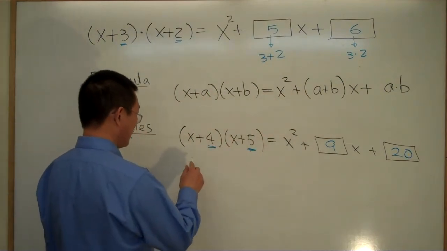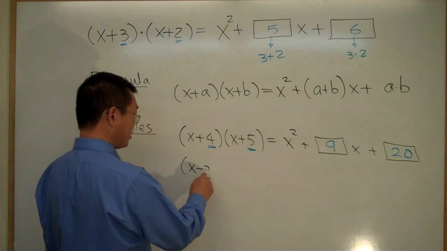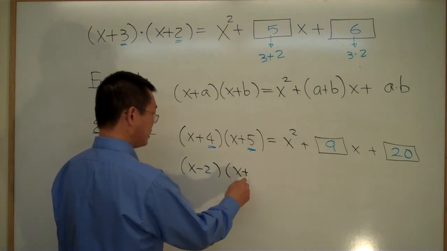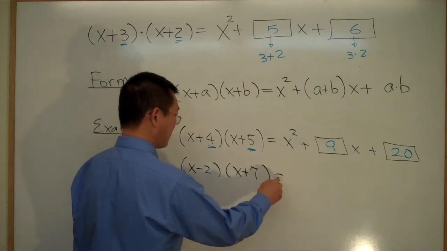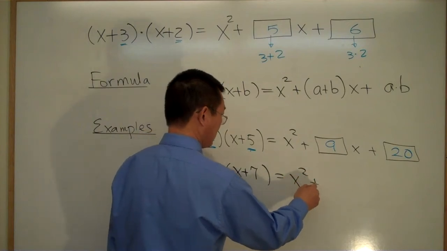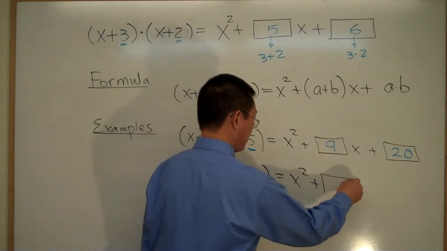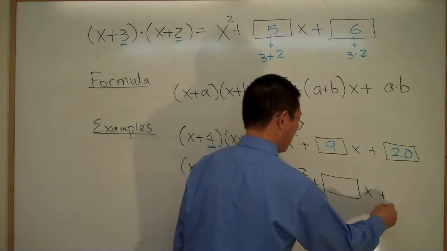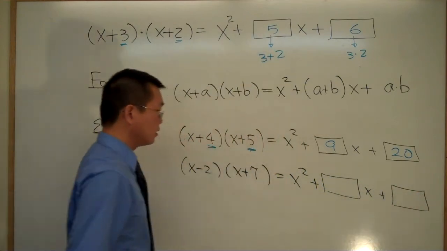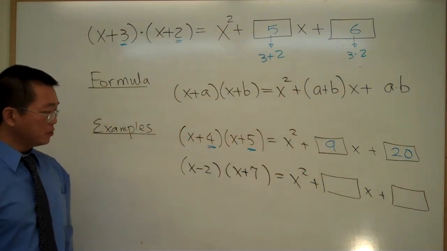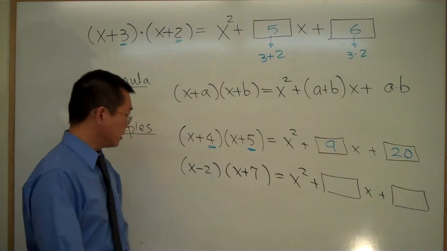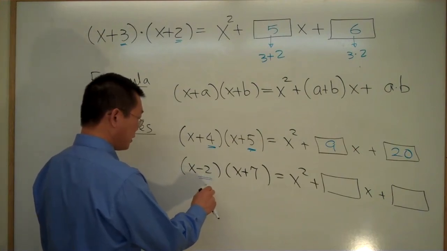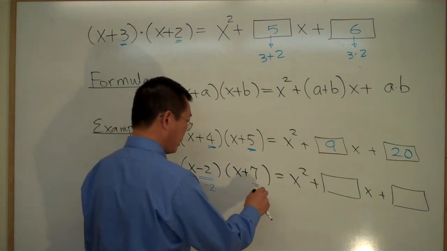Now let's look at another example. How about x minus 2 times x plus 7? The two numbers here I need to identify as -2 and 7.